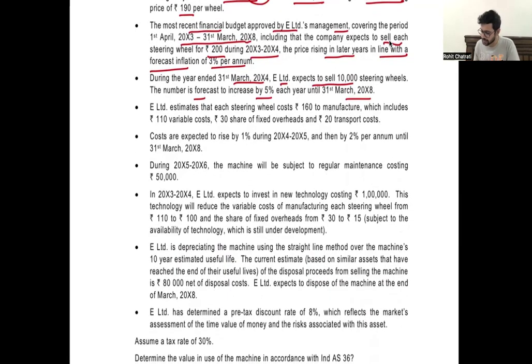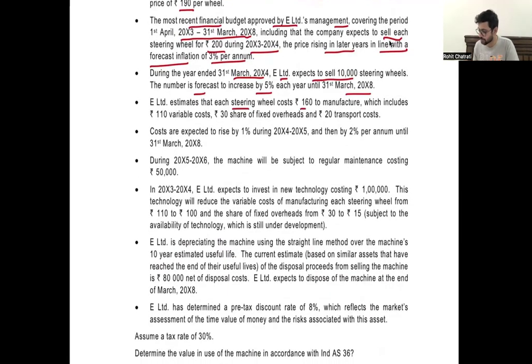E Limited estimates that each steering wheel costs rupees 160 to manufacture, which includes 110 of variable costs, rupees 30 as fixed overheads, and rupees 20 as transportation costs. So 160 is the total cost per unit for manufacturing. These costs are expected to rise by 1% in 2014-15 and then by 2% until 2018.